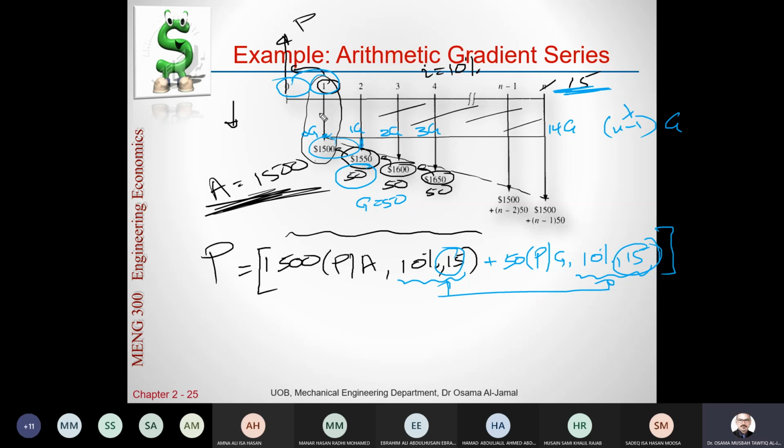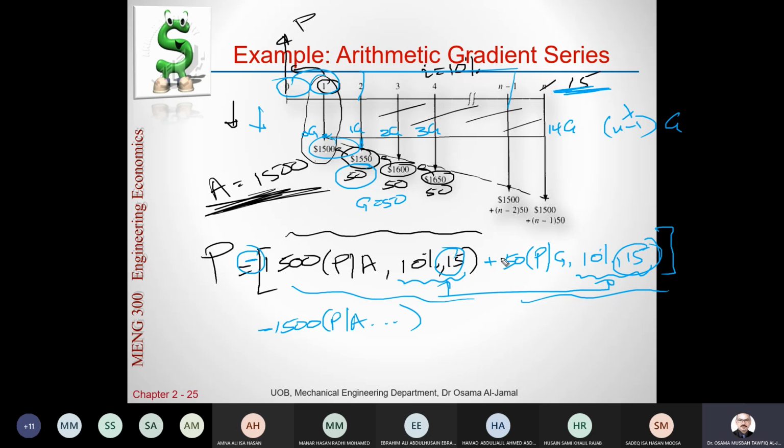Later on, we're going to have another thing. If we have a mix of cash flows, upward and downward, we need to consider the sign. How to consider that sign? Since this is downward, we'll put negative in there. Negative is common for both of them. Anyone will write directly negative 1,500 P given A to show that. And here, increasing, if you put directly just plus, adding, this is wrong.